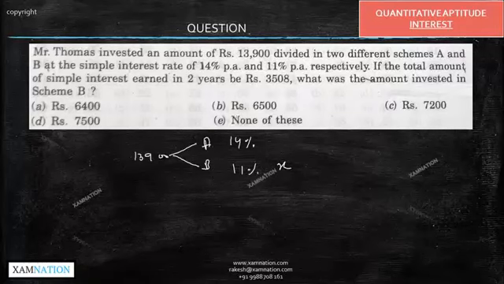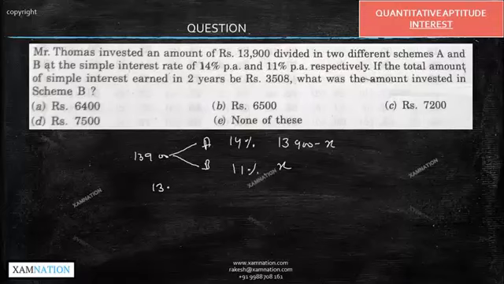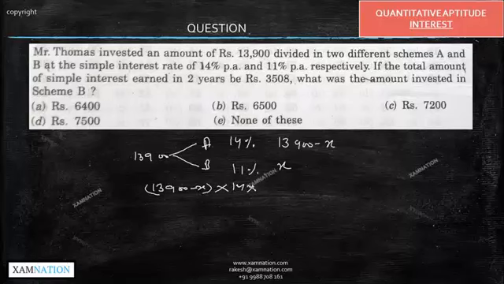So let's make it X for scheme B, and for scheme A it will be 13,900 minus X. We know the simple interest formula. For the first scheme the interest will be (13,900 minus X) into 14, and time duration is 2, upon 100.